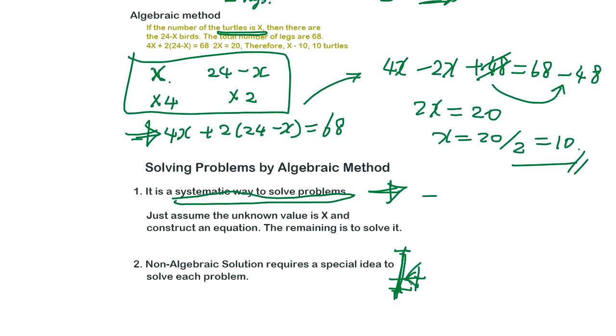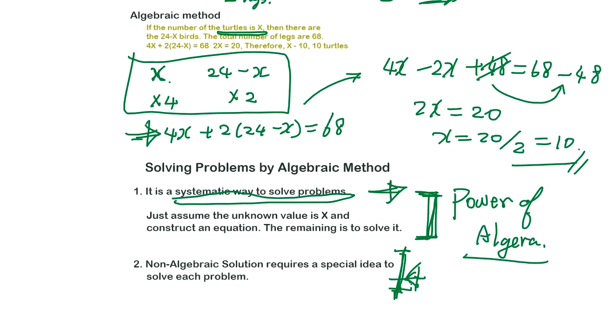Algebra provides you the tool. It's a mathematical tool to solve the problem. So using algebra, most problems can be solved pretty much in the same way. This is the power of algebra. Okay? So you have to understand this.